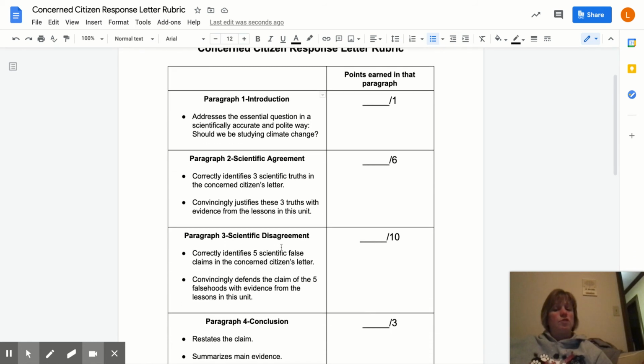Now, paragraph 2 is about the scientific agreement that you found within the letter from the concerned citizen. So, just like your pre-writing, you're correctly identifying 3 truths and convincingly justifying these 3 truths with evidence in the lessons from our unit. So that is worth 6 points. So 3 truths that you've correctly identified, and then 3 justifications that are referring to specific things.